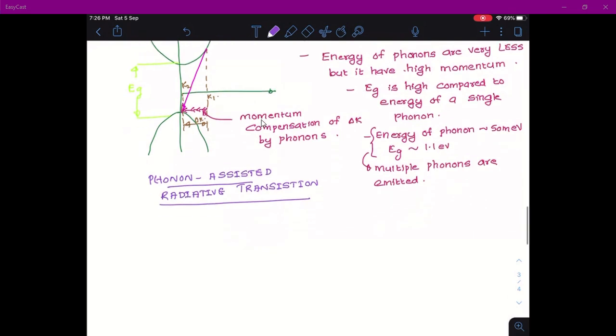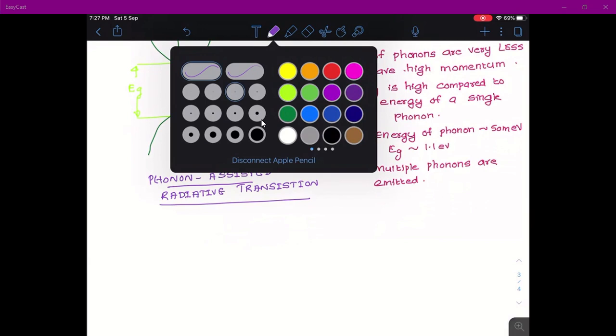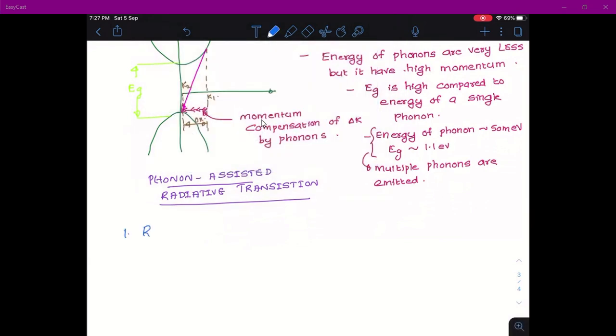So we can define two types of transition. The first one is called radiative transitions, which means there is involvement of emission or absorption of a photon.